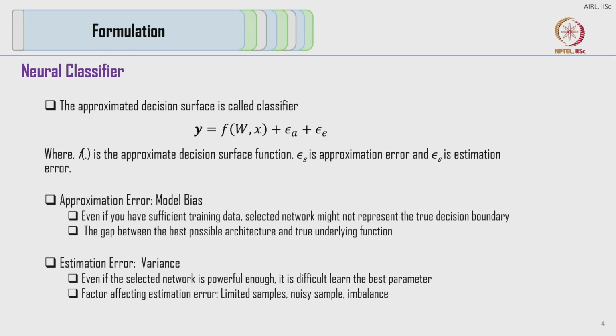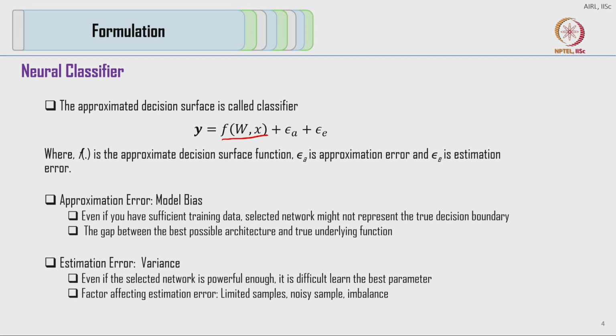Now what are we talking about? We are talking about a neural network as a classifier which approximates the relationship between x and y. Y is the true class label. So the neural network can be represented by the equation you see here, f of W comma x. W is the parameters of the network.